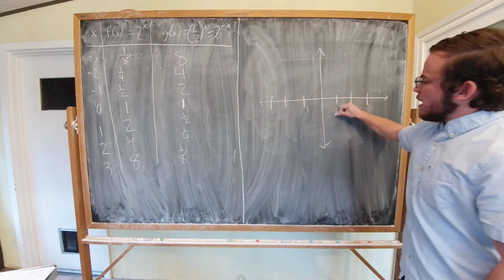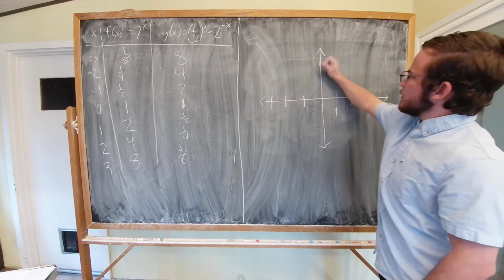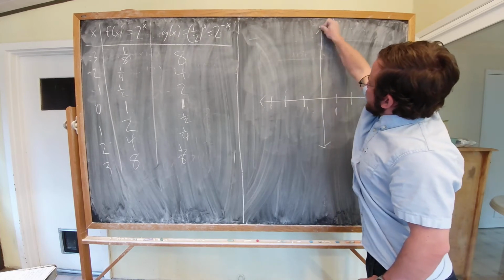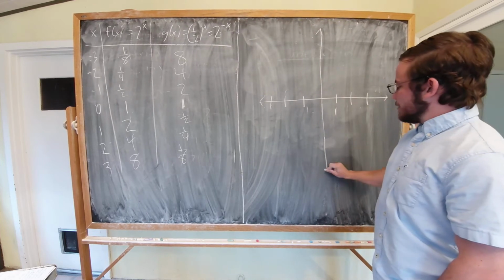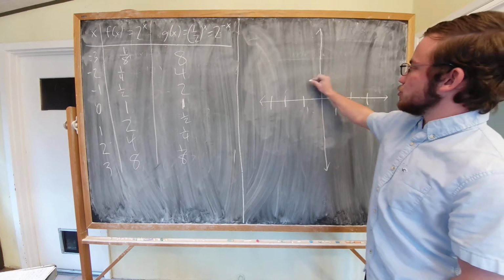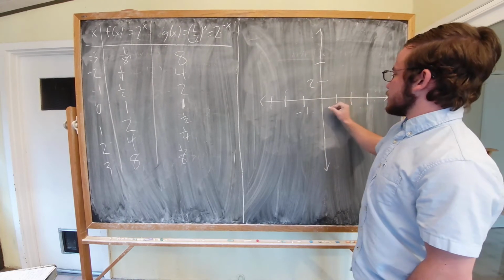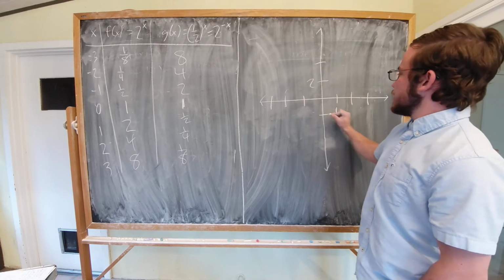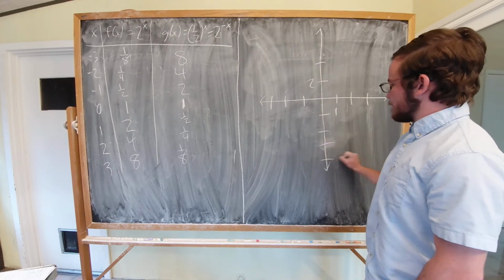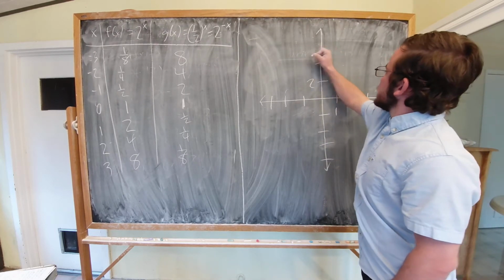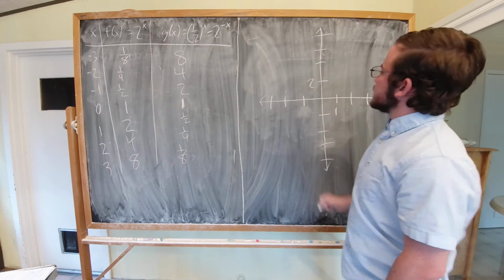Alright, so let's make our x-axis have a scale of 1. And I'll make my y-axis have a scale of 2, just for the sake of it. So 2, 4, 6, 8.